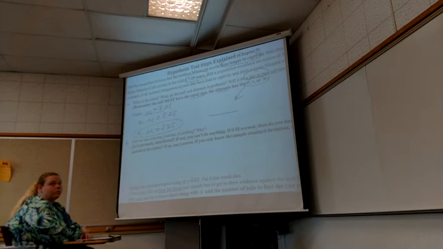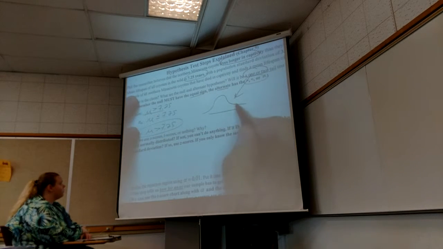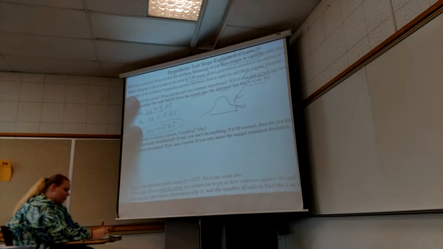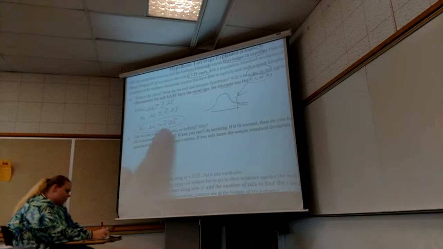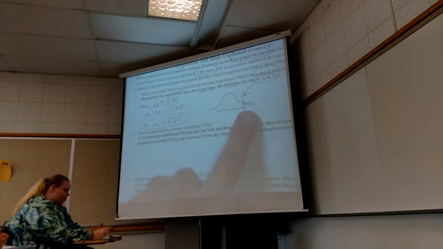So not only does it tell me it's a one-tail test, it tells me what side the tail is going to be on. What side will it be on? Yeah, up here. Because I want my sample to be way up there so it shows evidence that it is bigger than 7.25. So the H1, the alternate, always sets up where the rejection region is going to be.